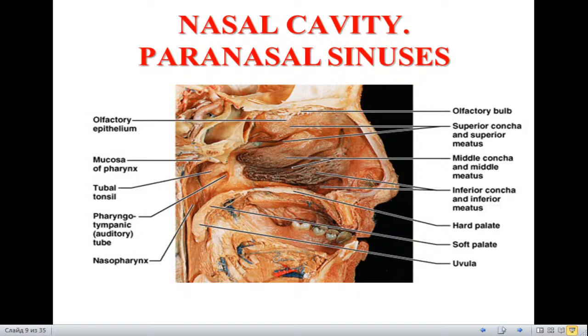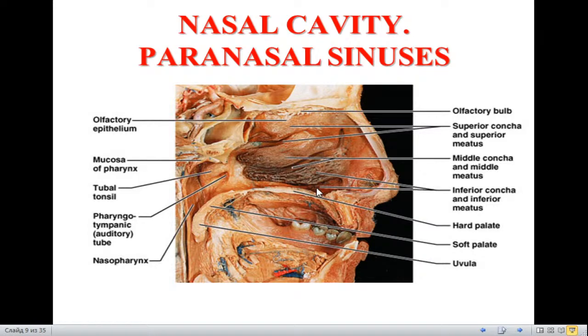If you remember, in the nasal cavity we have three nasal conchas: superior, middle, and inferior nasal concha. Between them we have the superior, middle, and inferior nasal meatus.